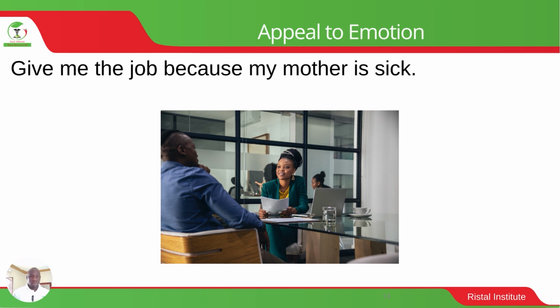And therefore, I need this job because my mom is going to die if I don't get this job. So you're appealing to the interviewer's emotions to give you the job instead of saying, I'm very competent, I have experience in this, this is my education background, I've been able to develop A, B, C, D. So that's a fallacy. Don't appeal to the emotions.